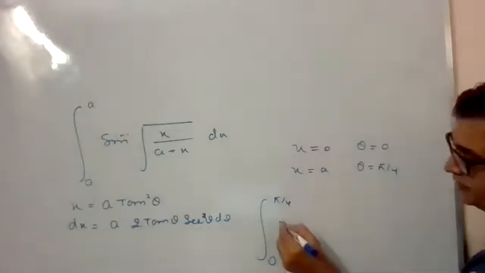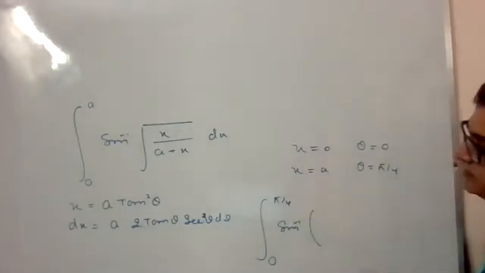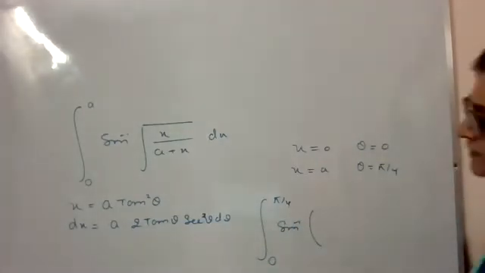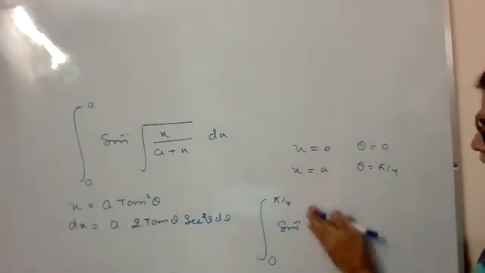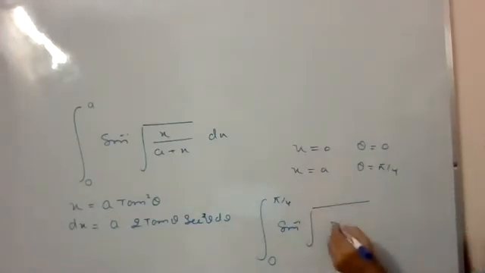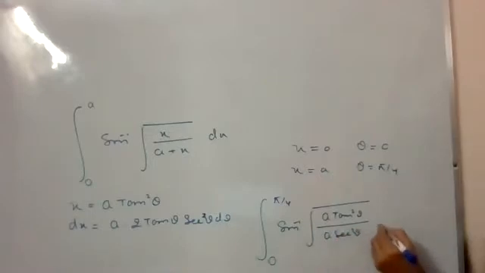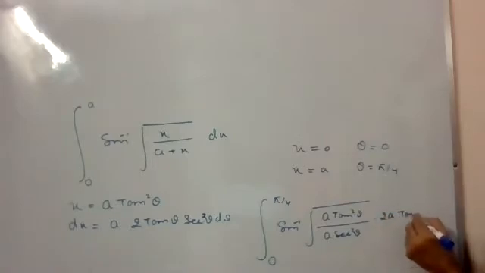Then we get sine inverse of under root x, which means under root of a tan square theta, and below it comes a sec square theta. And here comes dx, that is 2a tan theta sec square theta d theta.